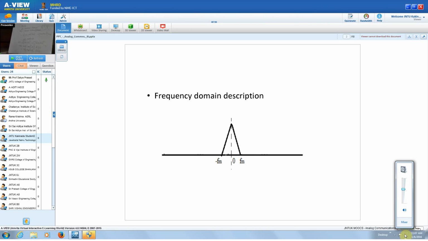Therefore, we have to see that this phi is minimum that we are going to have.